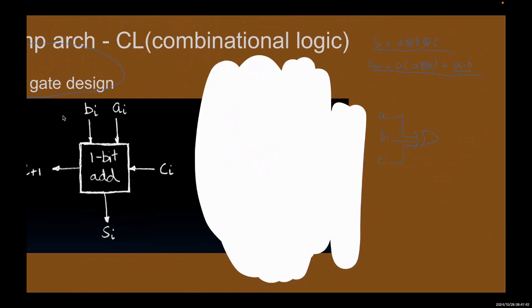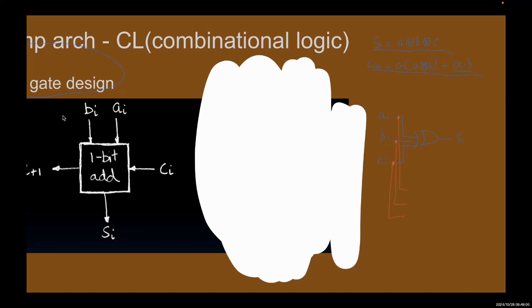Or we can just write it like this. It's also okay. And the output is S_i. And we can also put a C here, put a B here, put an A here.